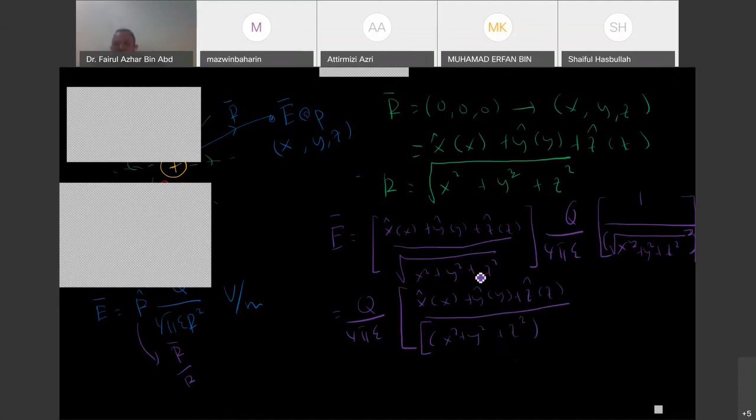Because we have the power of half here and the power of 2 there, the result for this expression becomes the power of 3 divided by 2, and the unit is volt per meter. Then if we know the value of each parameter, we can replace the symbols with the values, and we will have the absolute value for that particular field.